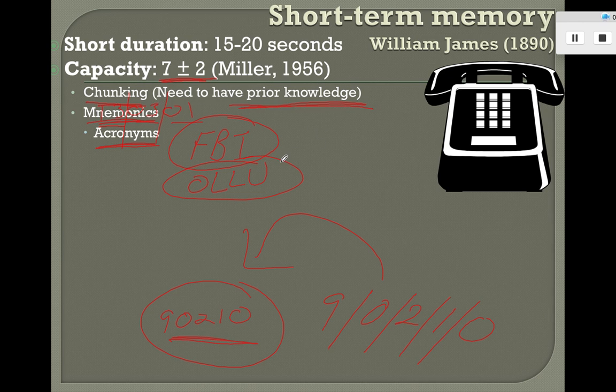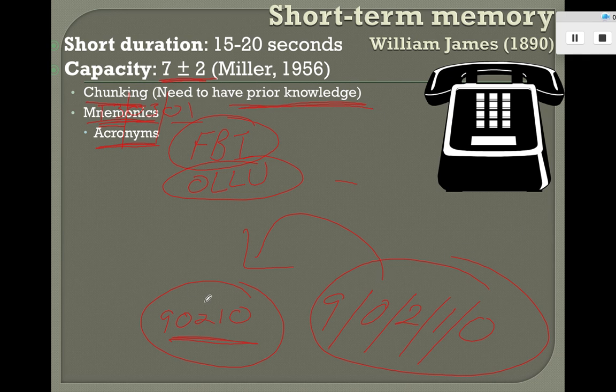So according to George Miller, we can only really hold 7 plus or minus 2. But now, for instance, we go back to this example of 90210, George Miller would have proposed the following. We have 5 individual units here, so you're reaching your limit of 7 plus or minus 2. Because some individuals have a limit of 5, some individuals have a limit of 7, some individuals may have a limit of 8 or 9, but we don't want to exceed that capacity of 7 plus or minus 2.